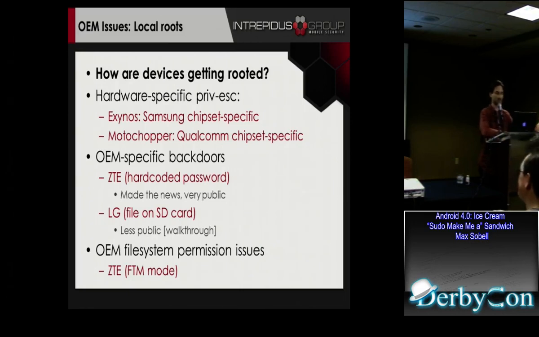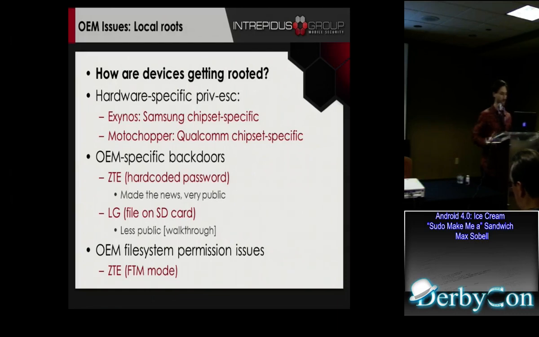A lot of it is hardware-specific privilege escalation. So Exynos was a Samsung chipset, and Exynos abuse was an exploit specific to this chipset. Moto Chopper, while it's pretty much as close as we've seen to a universal Android root in 4.x, is Qualcomm chipset specific.